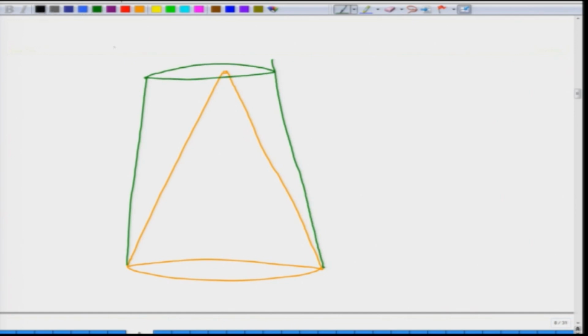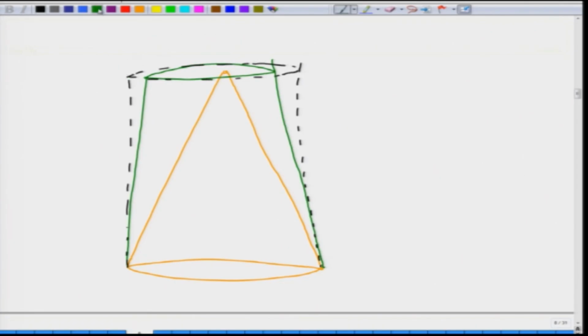Then the form factor would be a measure of the volume of your tree to the volume of a cylinder of the same height.